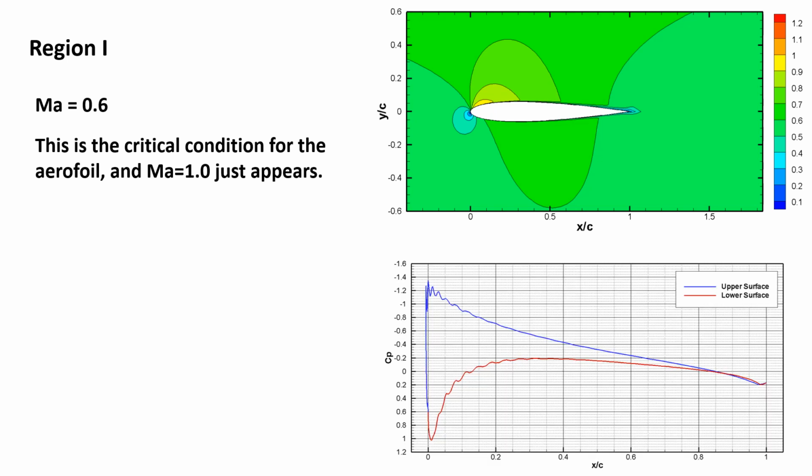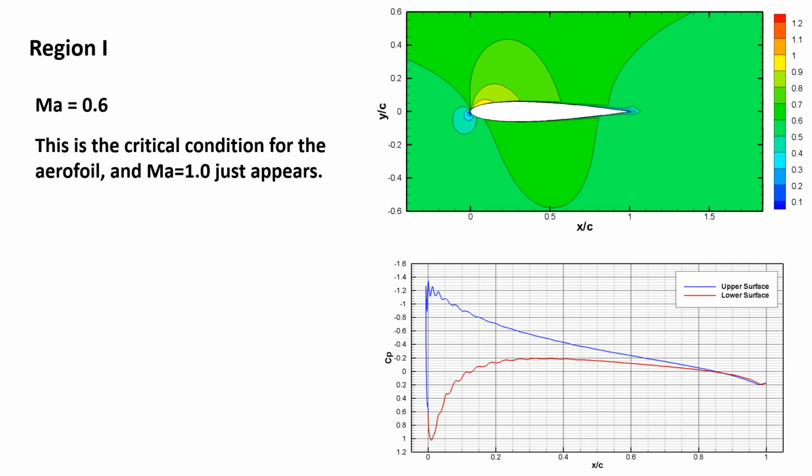The other very important thing is to look at the CP. Why do we want to look at the CP? Because the area wrapped by the CP curves of the upper surface and lower surface is equivalent to the lift.